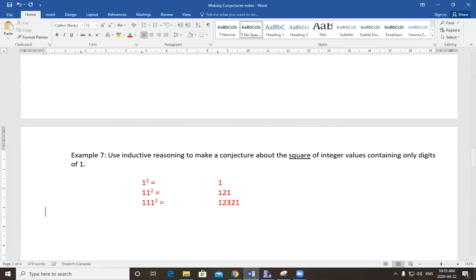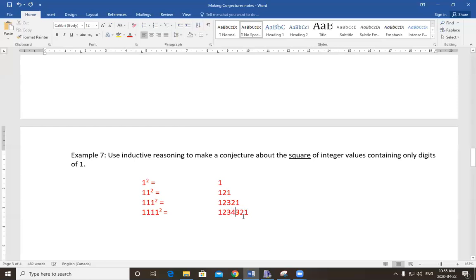So let's try with 4. Could we make a prediction? 1,111 squared. Well, there's 4, so it would go 1, 2, 3, 4, 3, 2, 1.